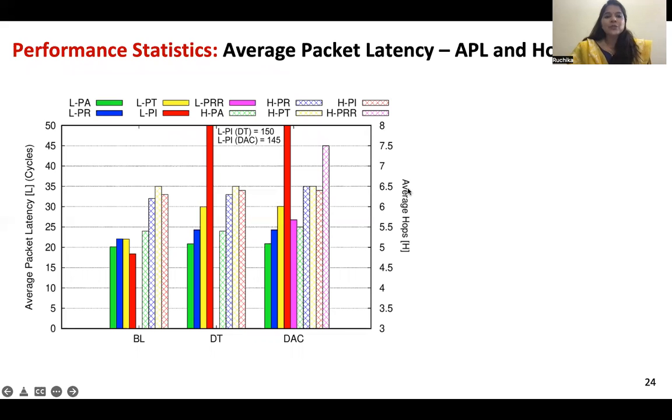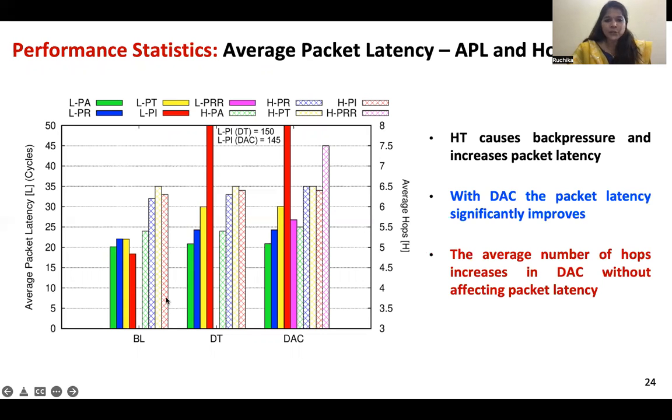So we have tried to capture the first results, where average packet latency and hops are plotted. Here the x-axis represents all 3 performance architectures, while the y-axis represents the average packet latency in the solid bars, while the checked bars represent the average hops. Here we can say the HT causes back pressure, and due to the back pressure, all the neighboring routers also show increased packet latency.